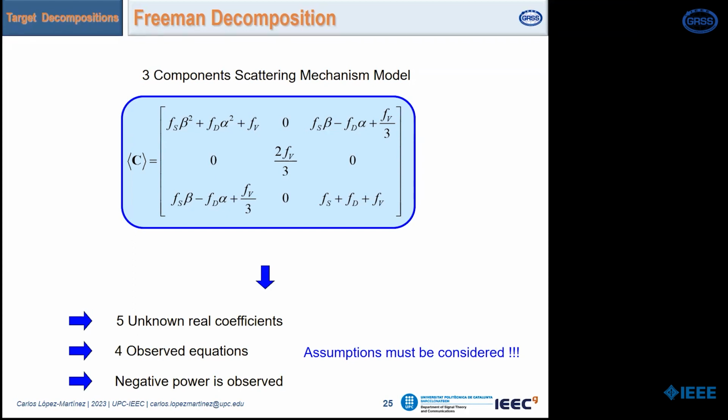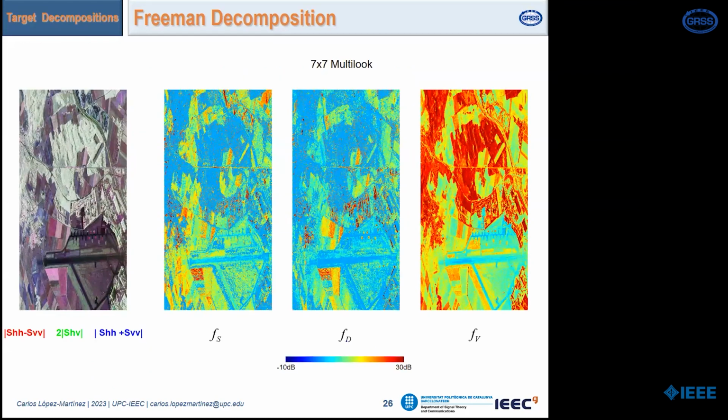The problem is that I have 5 coefficients, but I only have 4 observed equations. So in this particular case, the decomposition is done in terms of some assumptions. If I make the assumptions, I can obtain this. So here you can obtain a much better characterization of the data.